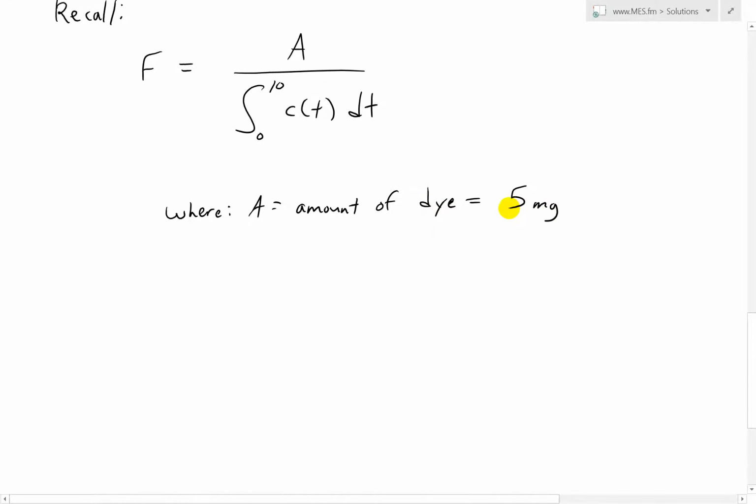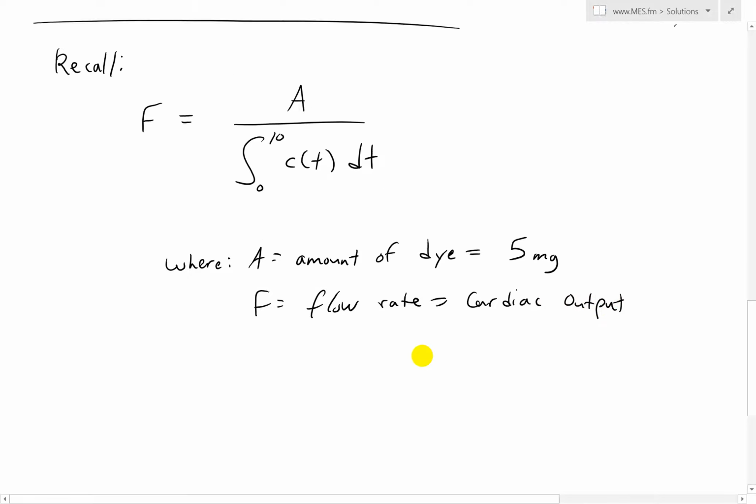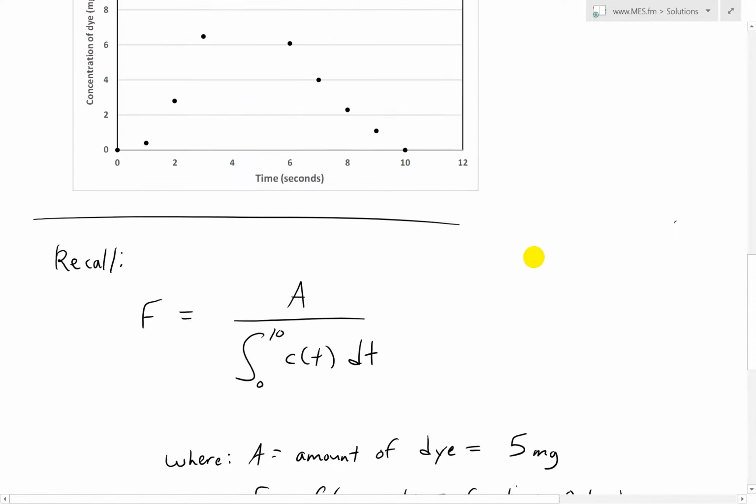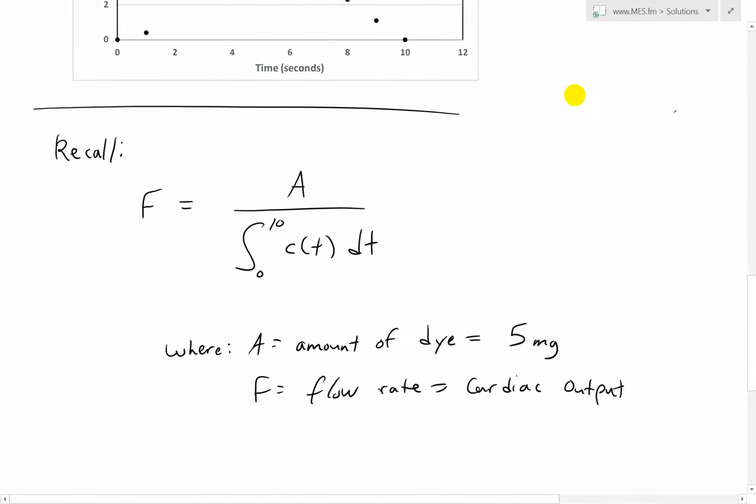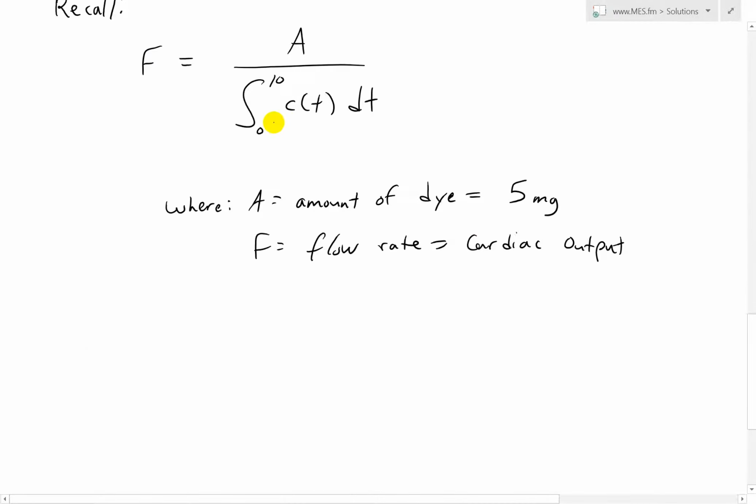And F is equal to the flow rate, which is the same as the cardiac output. Now we know that A is 5, we just have to solve this integral. But since we aren't given a function, and these are just data points we measured, we can approximate this integral.